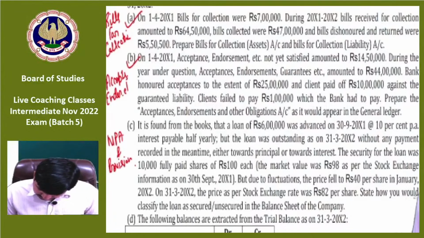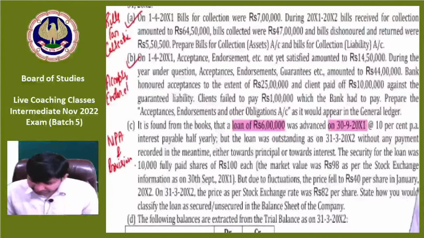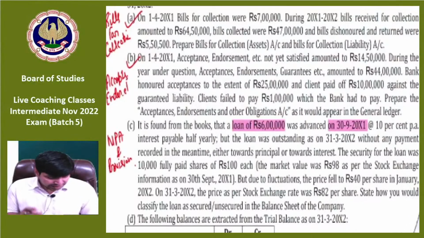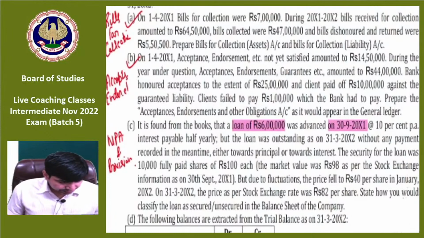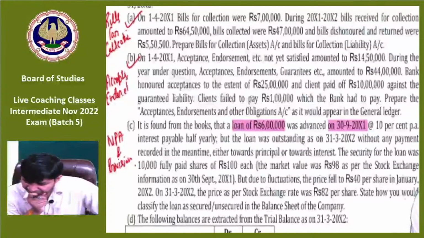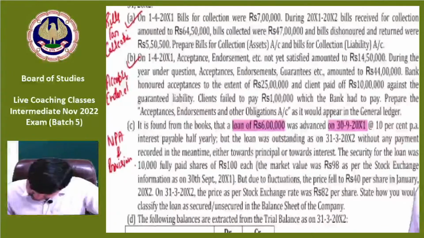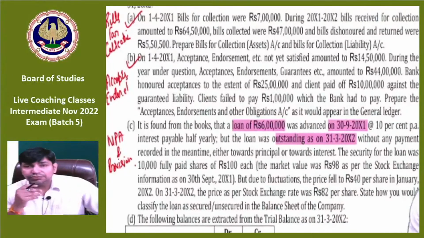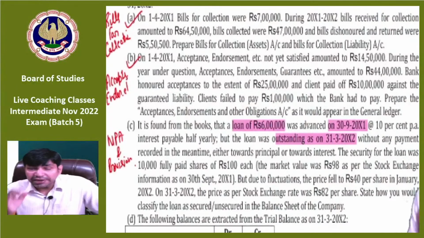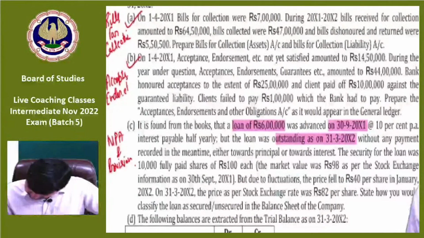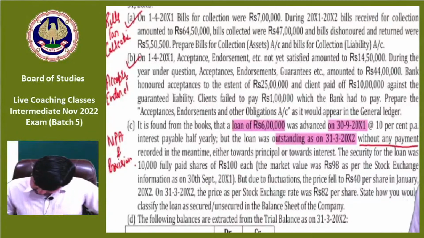It is found from the records that a loan of 6 lakh was advanced on 30th September 2021. 10% per annum was the rate and interest was half yearly, but the loan was outstanding as on 31st March 2022 without any payment in the records, either toward principal or interest.